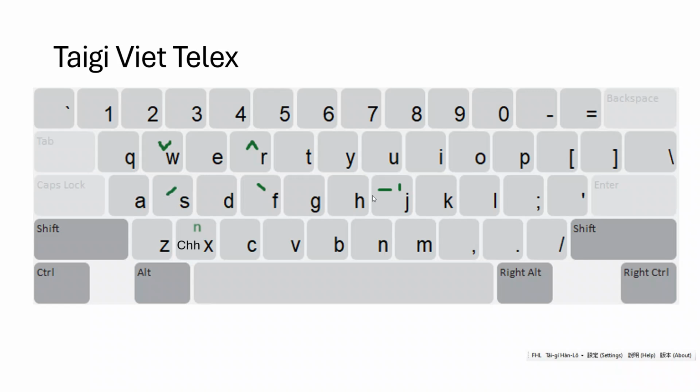Or if you type a J sound, it's also a problem because the J in Taiwanese is G. In Vietnamese they don't have this J sound, but in Taiwanese the G sound does exist. So these are two issues. This keyboard is for any person who has some basis in Vietnamese.